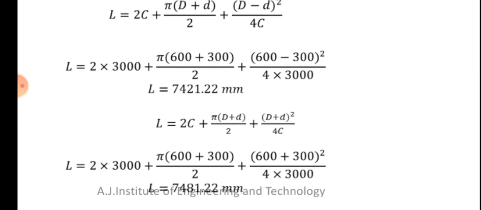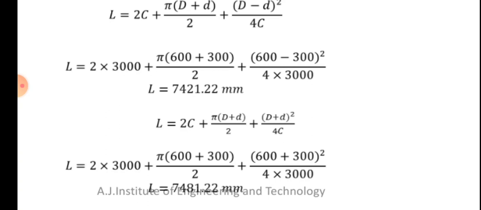So when you substitute that, you get the answer as 7481. So you can see the length of the cross belt drive is more. Length of the belt required is more because it takes a crossing there, so slightly larger length is required.